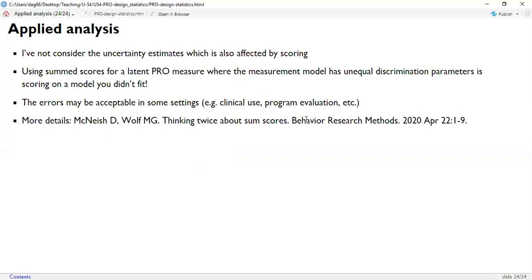But one of the points that's made in this article that I have cited down here, which you should all look up if you're interested, is a very good description of the consequences of using sum score inappropriately.